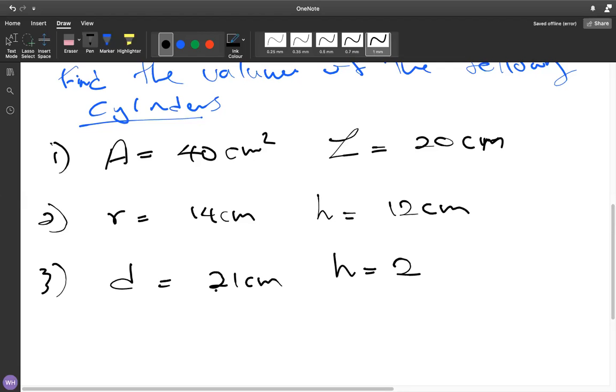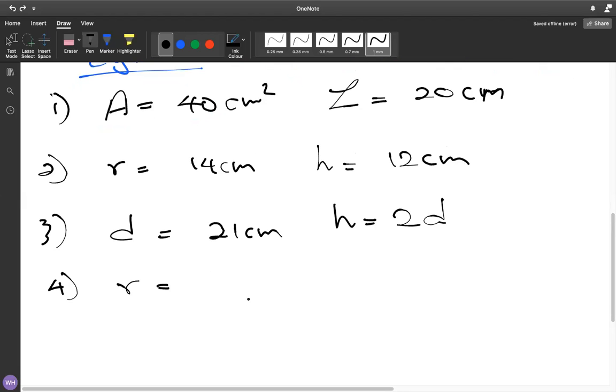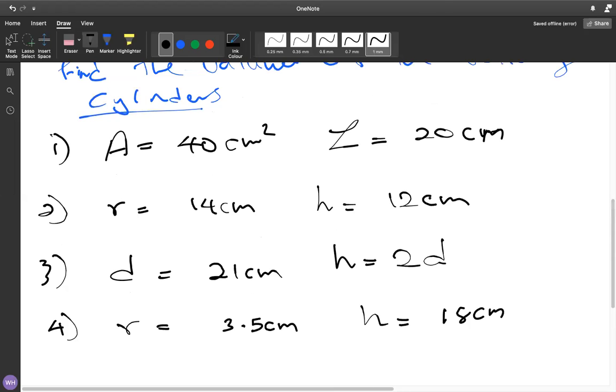Radius equals 3.5 centimeters and h equals 18 centimeters. Okay, try this. Guys, hurry up.